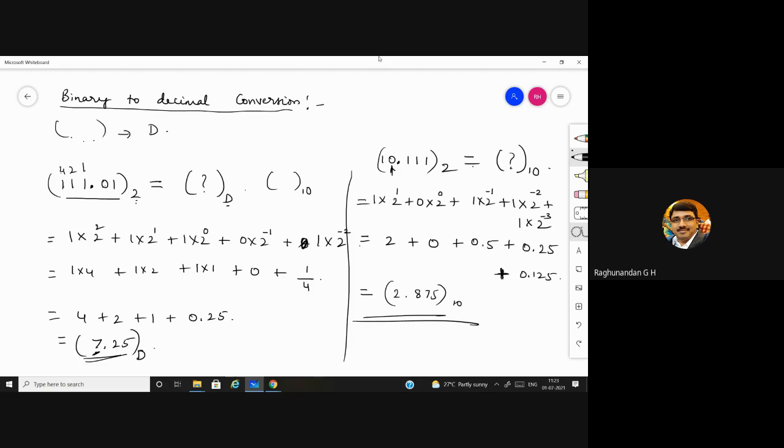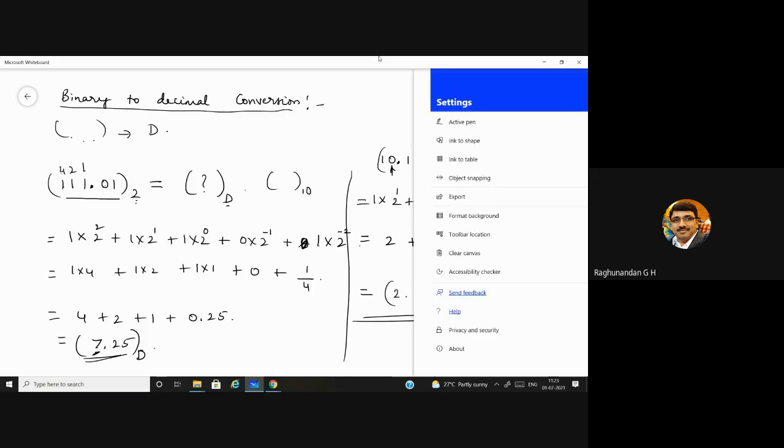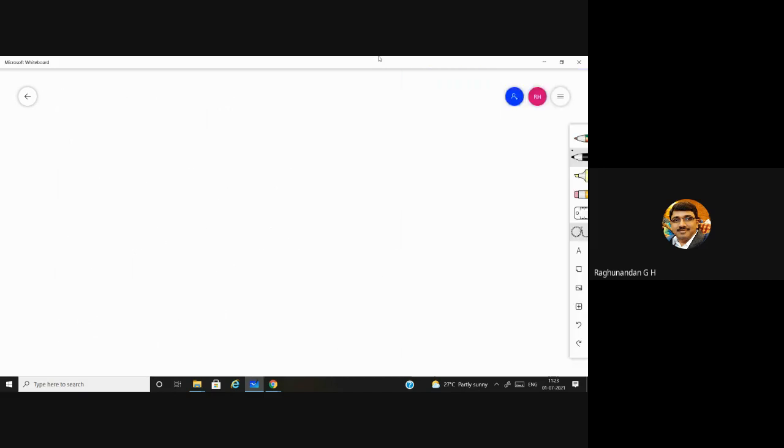So this is the procedure to convert binary to decimal. Okay. So now try this.